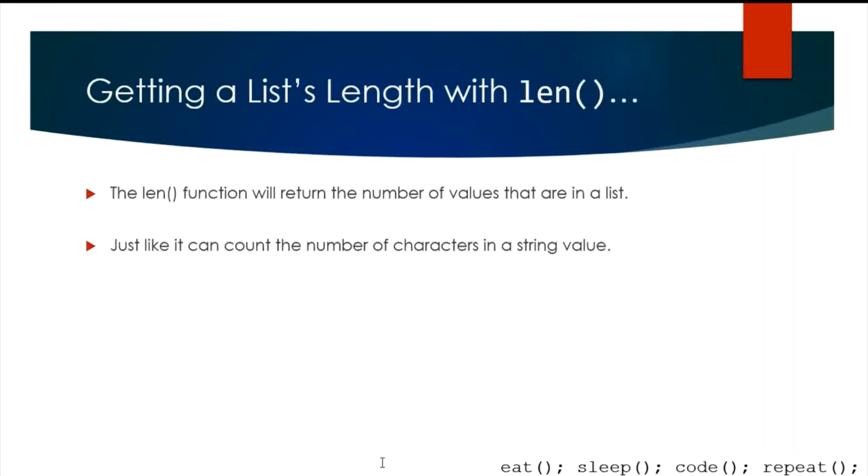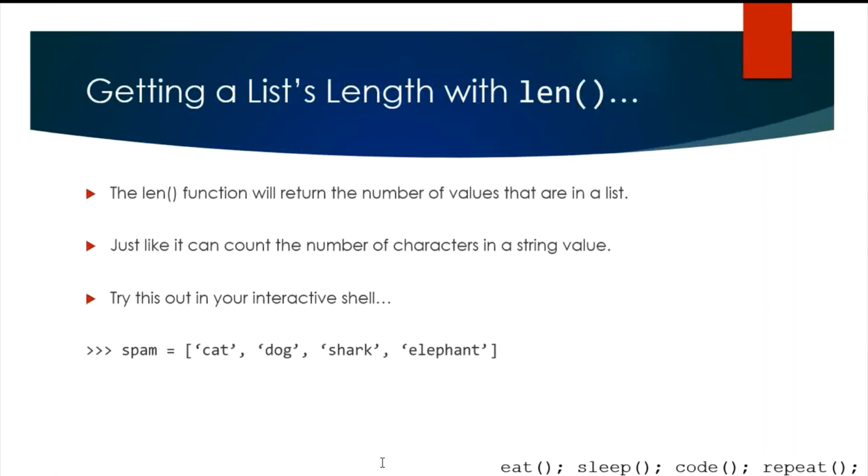If you haven't seen my string video, check out the I button when you get over there or the description box. Now try this out in your interactive shell. We have a spam variable which has cat, dog, shark, elephant, the 4 elements. If I do len of spam, I get 4, of course, because we have indices 0, 1, 2, 3, so 4 elements basically.